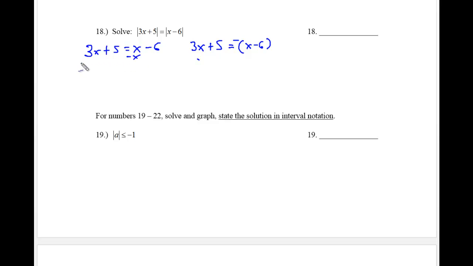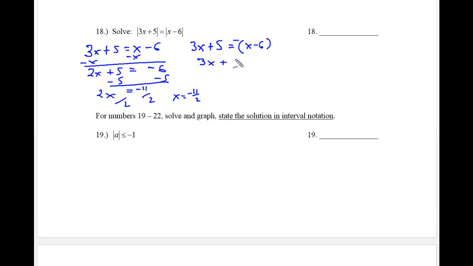So we're going to move x to the left, which gives me 2x plus 5 is equal to negative 6. Subtract 5 from both sides. 2x is equal to negative 11. Divide both sides by 2. X is equal to negative 11 halves. Now over here I need to distribute the negative. So 3x plus 5 is equal to negative 6 plus 6.